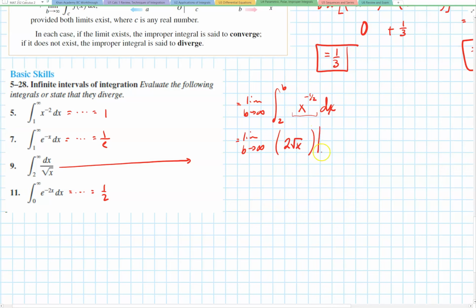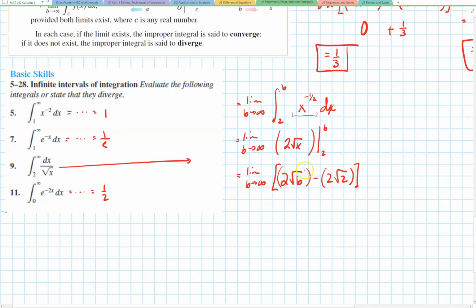This antiderivative has to be evaluated at 2 and b. And as we do so, we see something kind of interesting here. 2 times the square root of b must subtract 2 times the square root of 2. Now, I'm not too worried about 2 times the square root of 2. That's just a number.